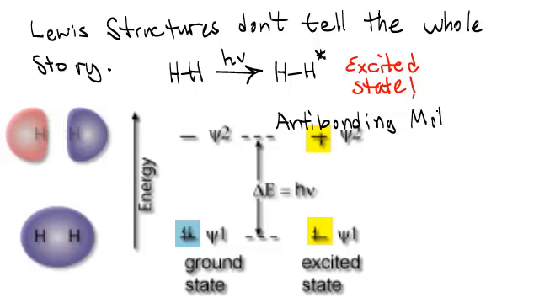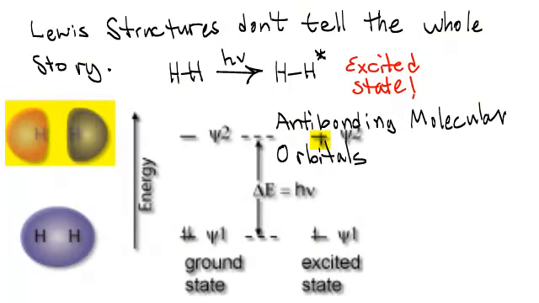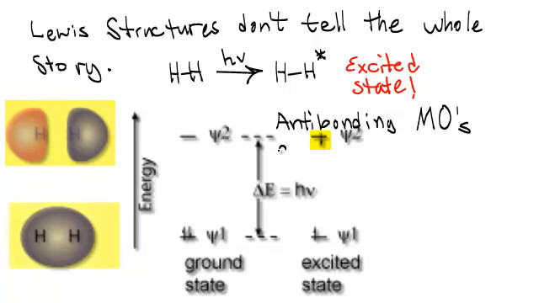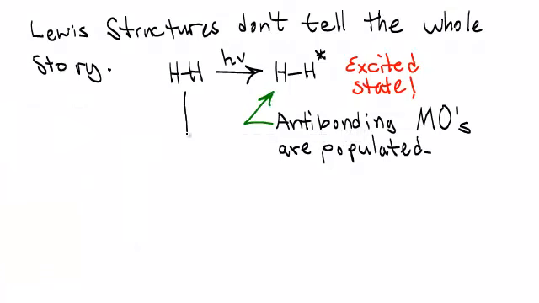In this case, the antibonding molecular orbitals are populated. These are next up in energy from the sigma bond between the two hydrogen atoms. If we add an electron to molecular hydrogen and get H2 minus with an unpaired electron, that unpaired electron is also going to go in the antibonding orbital.